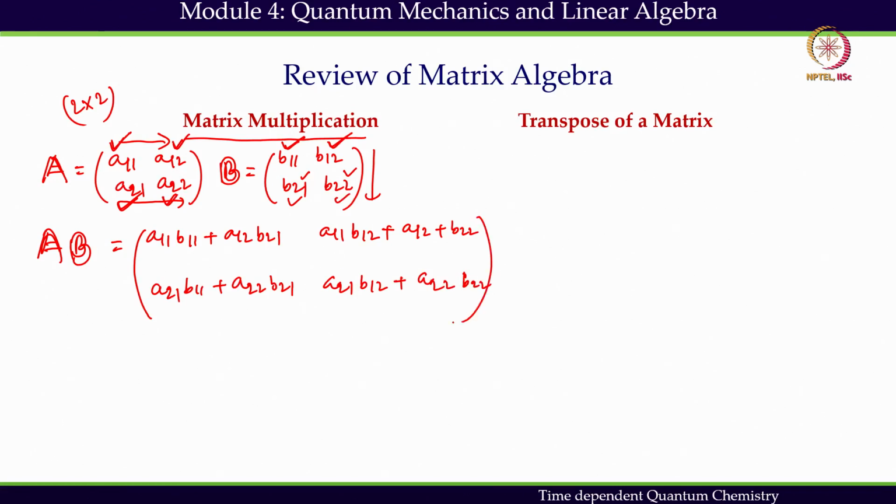Matrix multiplication is a little complicated, but if we understand the order, we always follow this order, multiply and add.